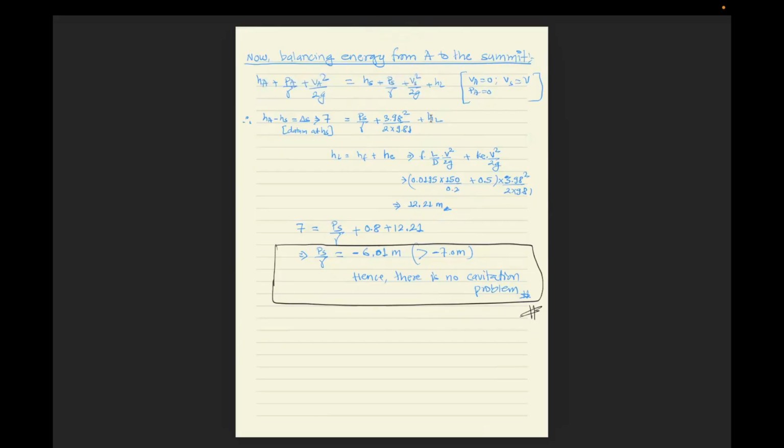We know VS, we need to compute HL. HL will be equal to the frictional head loss plus the entrance loss. That gives us a head loss of 12.2 meter, and putting this in the above equation, we have a pressure head of minus 6.01 meter, which is greater than minus 7 meter. So if the pressure head is greater than minus 7 meter, then there is no cavitation problem.